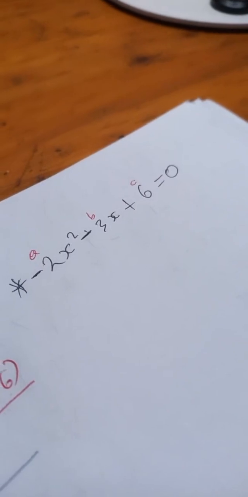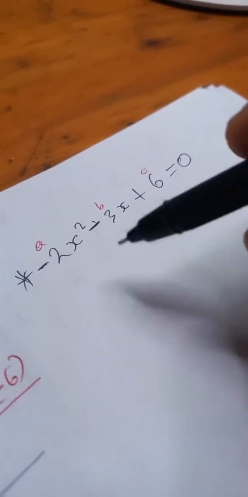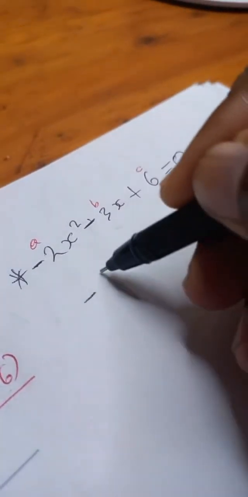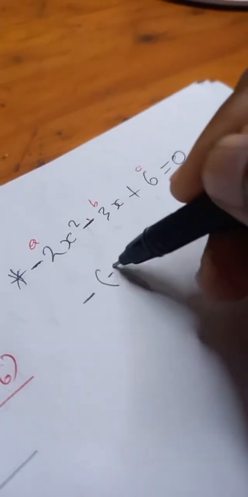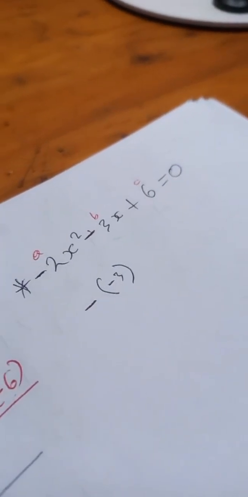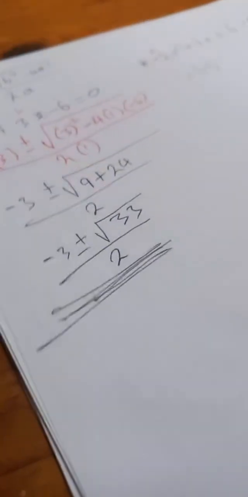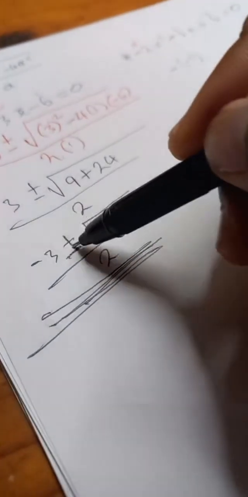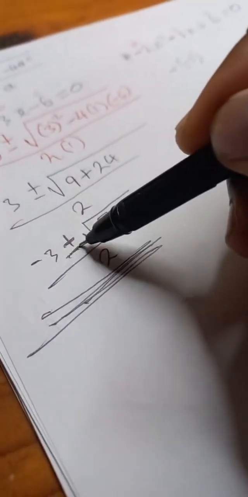Right? So it's going to be negative, open bracket, negative 3. Remember I told you about brackets. Remember, it's supposed to have two answers. That is true. I put plus or minus here.